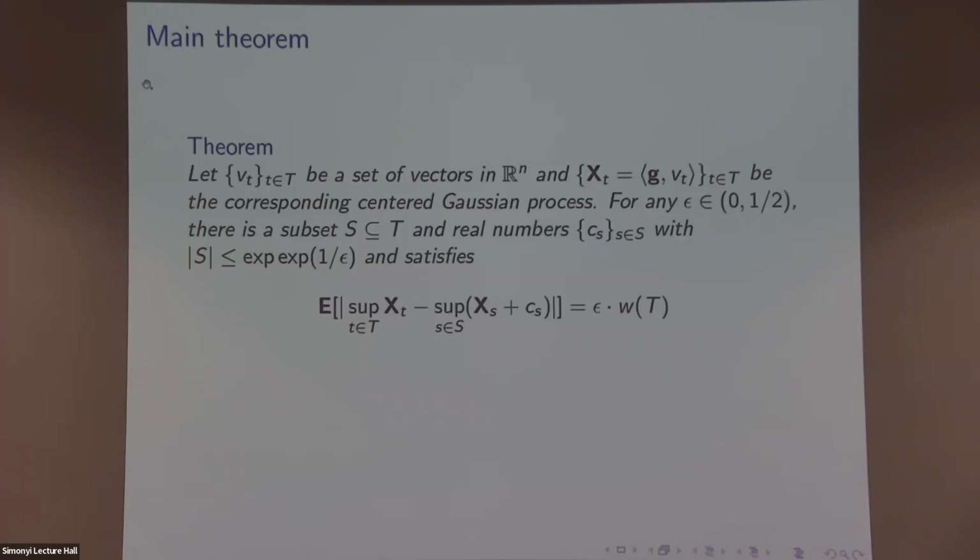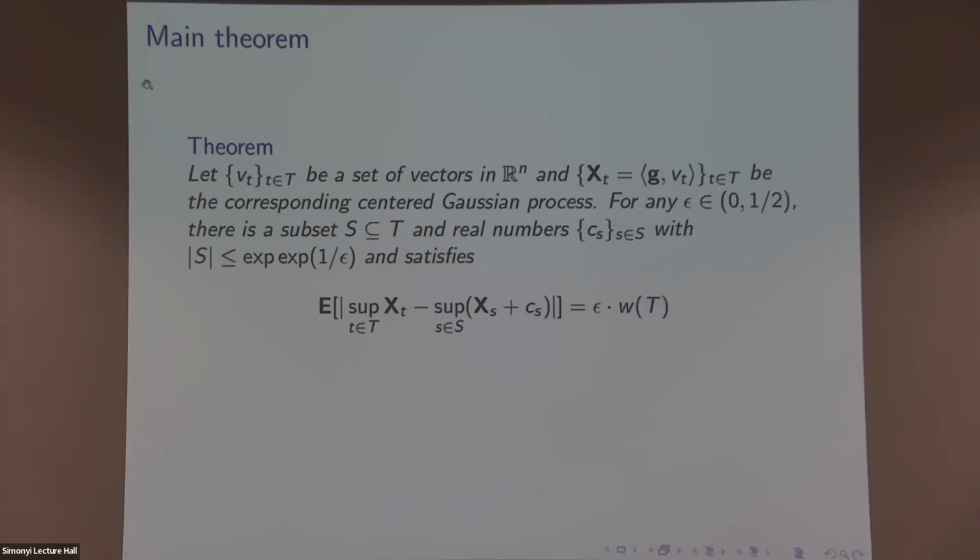The error metric we are using is that the expectation of the absolute value of the gap is at most epsilon times the Gaussian width of the original process. Okay. Instead of upper bounding the expectation of the absolute value, you can use L2 squared error, or any other error, or high probability error. This will all be basically the same thing.